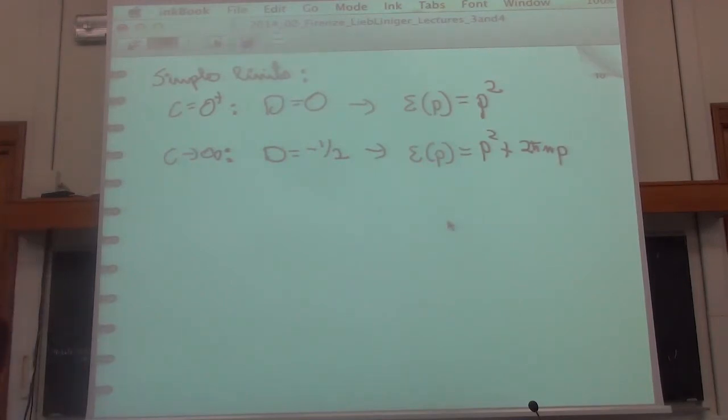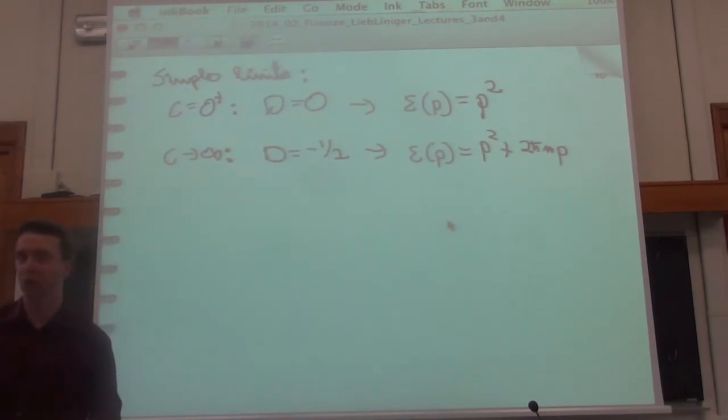Infinitely interacting particles, still free dynamics, p squared, but it costs you the energy of displacing the whole sea by one little step. Okay, so it's proportional to the density and the momentum that you have. Okay, so these are two simple limits. So this is for the type 1 particles. So type 1 particles, essentially you can think of as the generalization of the Bogolyubov modes for the 1D Bose gas.